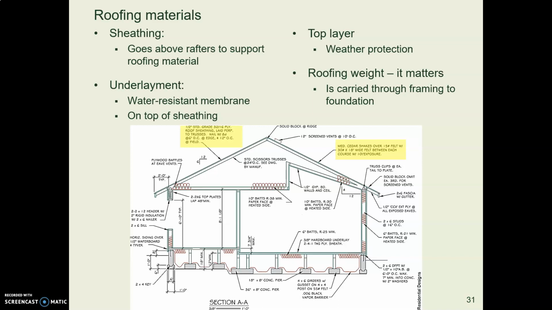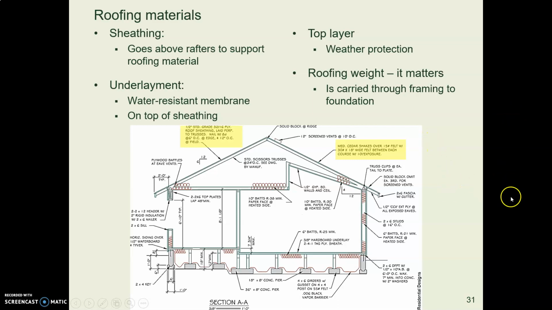On top of the plywood or other sheathing comes the underlayment, which is the waterproof layer. And it could be various kinds of plasticky stuff and felt and so forth. And then the top layer is what we think of as the roofing, the shingles, the standing seam metal, the tile. That's the top layer.